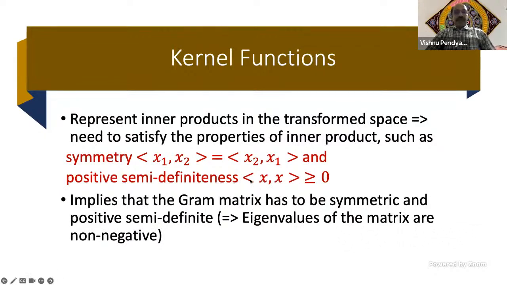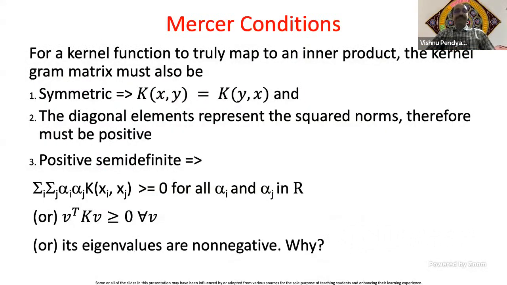So the inner product of two points in the function space should also be greater than or equal to 0. So what does it mean? It means that the gram matrix, which is basically a matrix of inner product values, also has to be symmetric and positive semi-definite. So if the matrix is positive semi-definite, eigenvalues of the matrix are non-negative. That's what it means. But we'll look at it in a little more detail in the next few slides.